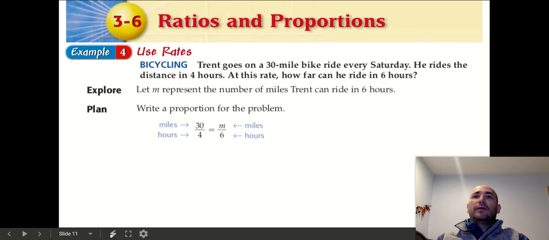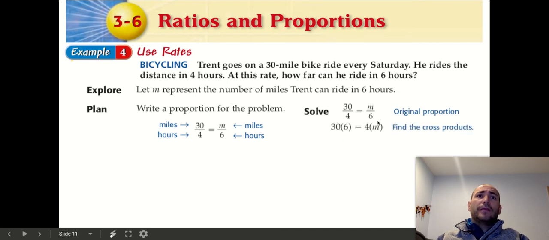So again, making sure that I put the right units in the right spot. So 30 miles for every 4 hours, m miles for every 6 hours, right? Hours on bottom, miles on top. And now I'm going to solve this proportion. So again, I could solve it by using the cross product, right? So 30 times 6, 4 times m, right? That's my cross product. And then I'm going to simplify.